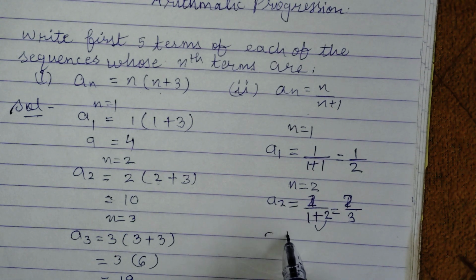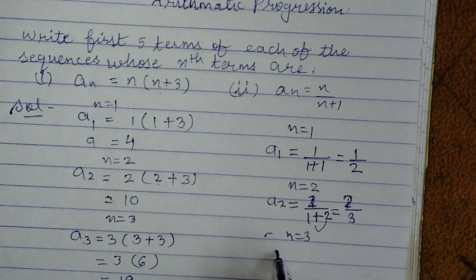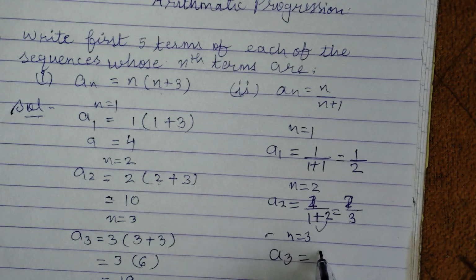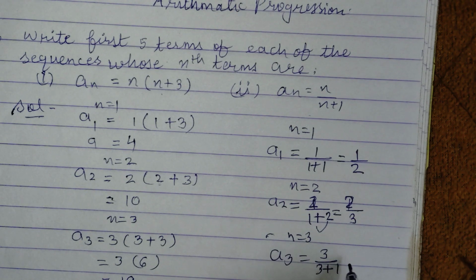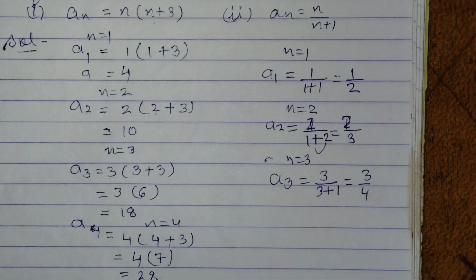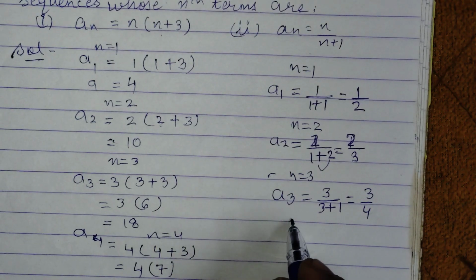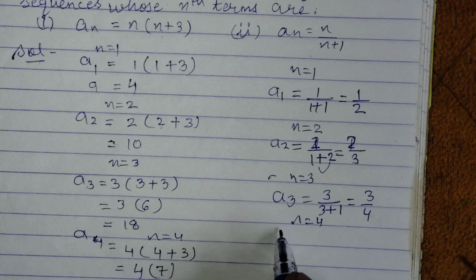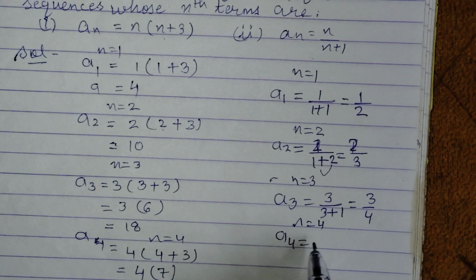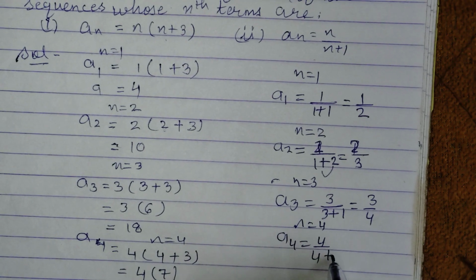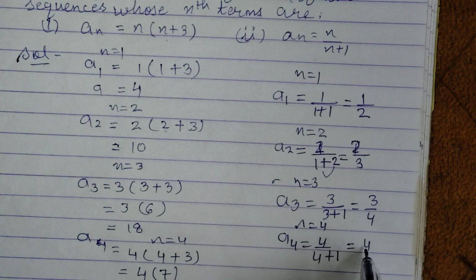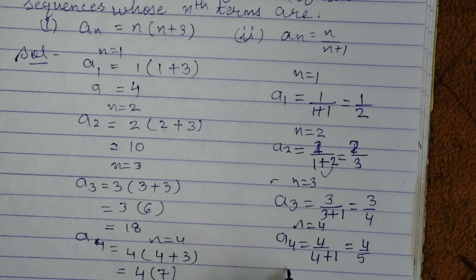Next n equal to 3. So a3, n upon n plus 1, is 3 upon 3 plus 1, so 3 upon 4. Next n equal to 4. It gives us a4, 4 upon 4 plus 1, that gives us 4 upon 5. Next n equal to 5.